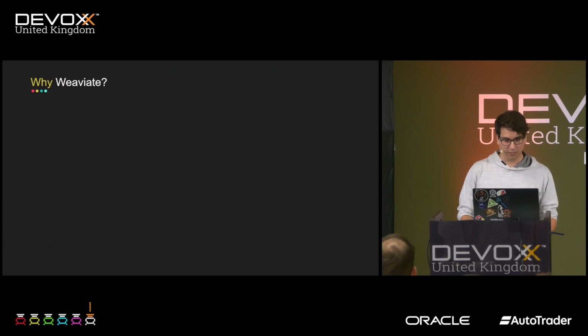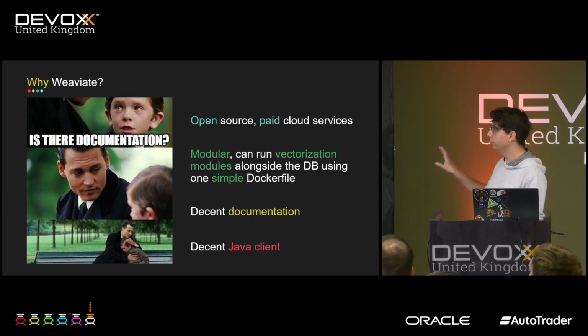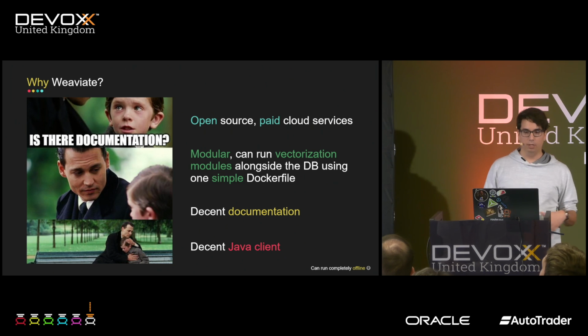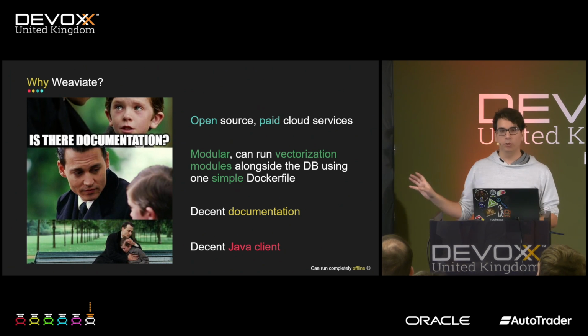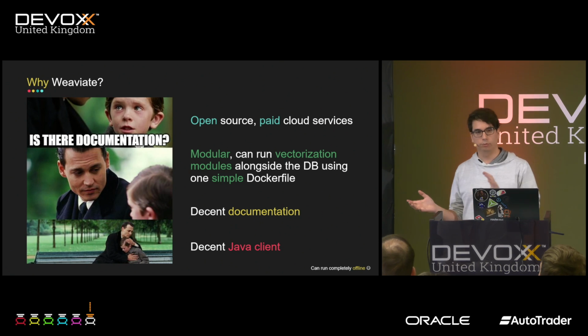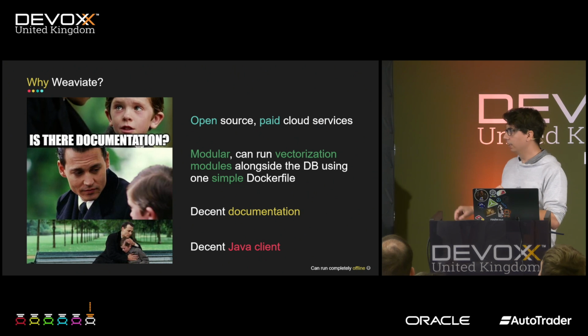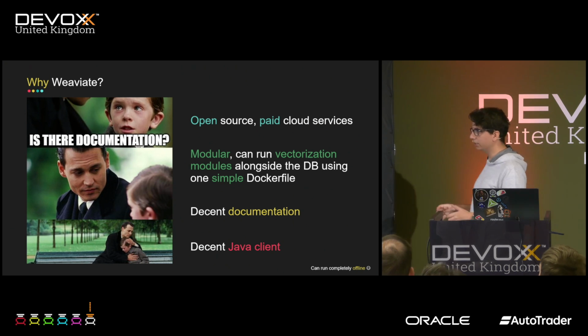All right, so I chose Weaviate because it's open source with some paid cloud services, so it's really nice. It's completely modular, so all the models to embed your data can be run separately next to the Docker of the database itself.